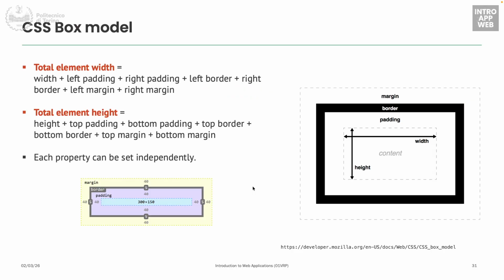This is not something very difficult. So in the one that we are seeing here, we can see the margin and the padding. Maybe the margin is outside the border and the padding is within the border.